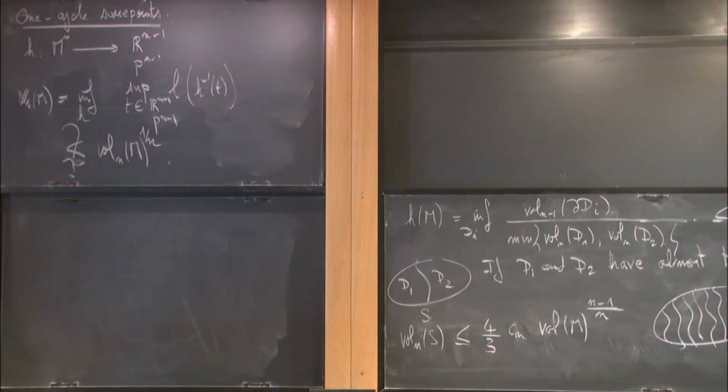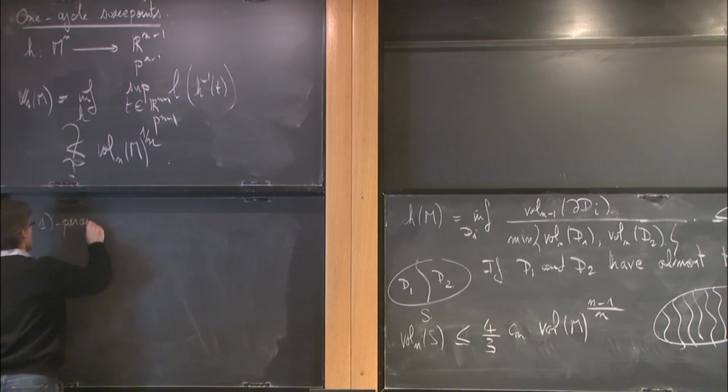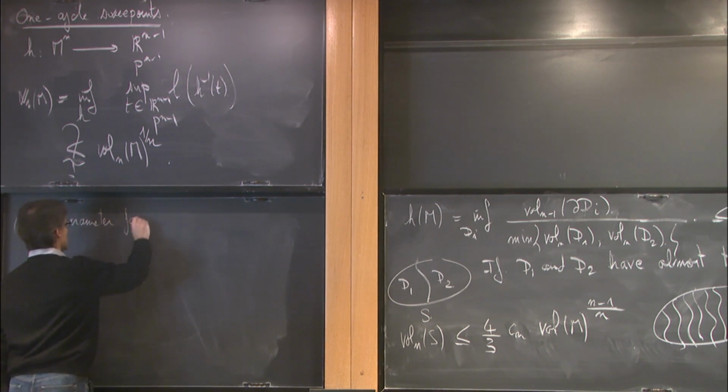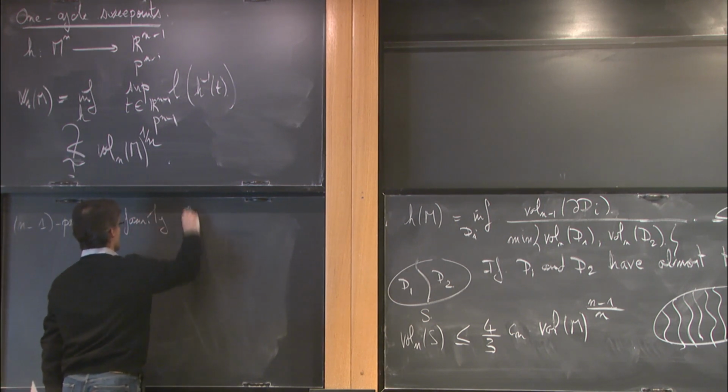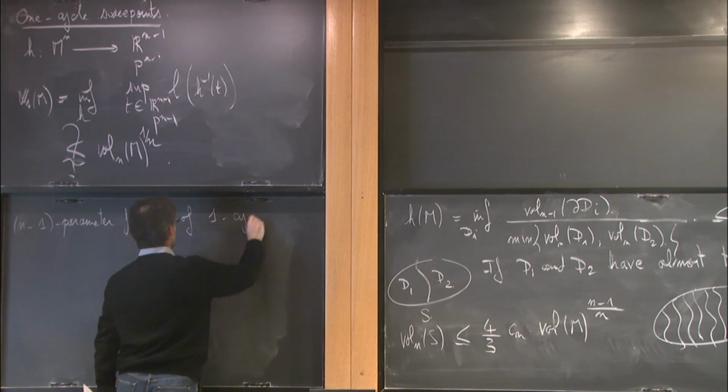But instead of considering an (n-1)-parameter family of one-cycles, okay, so here we have an (n-1)-parameter family of one-cycles.